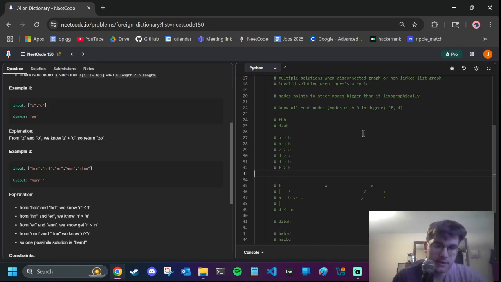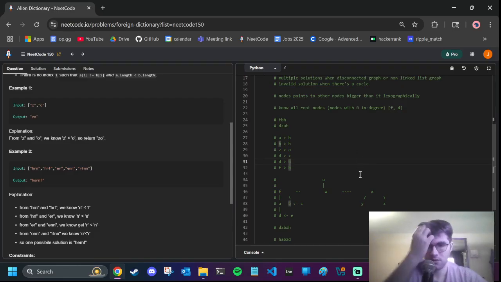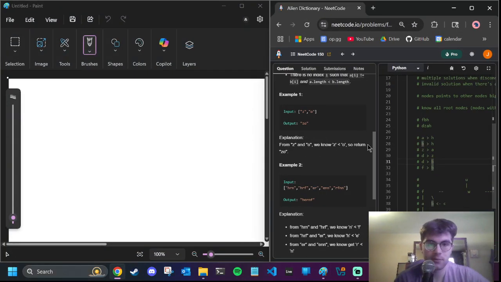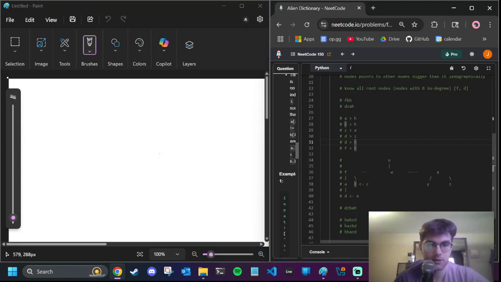So if you have something like this, and just to make it more generalized, I'm kind of just inventing a graph and then seeing where that takes me. And yeah, okay, so for this one, I'm going to use Paint, which you're not really allowed to do in interviews from my understanding, but I think it'll help me draw out what I'm trying to say so I don't have to do ASCII art.